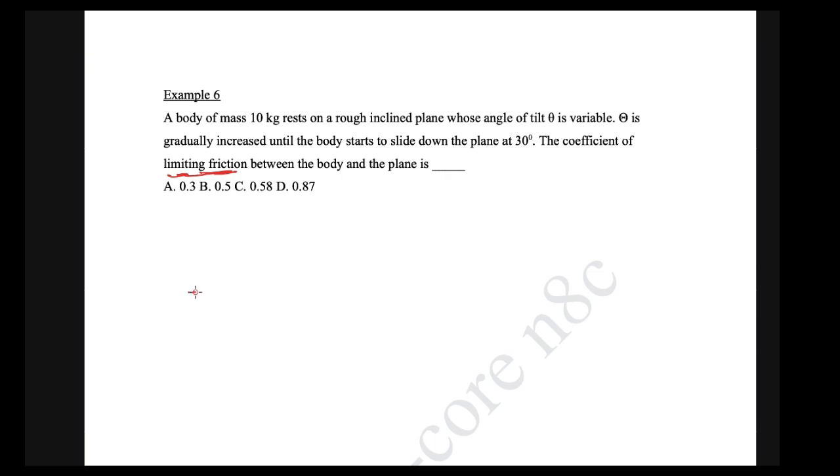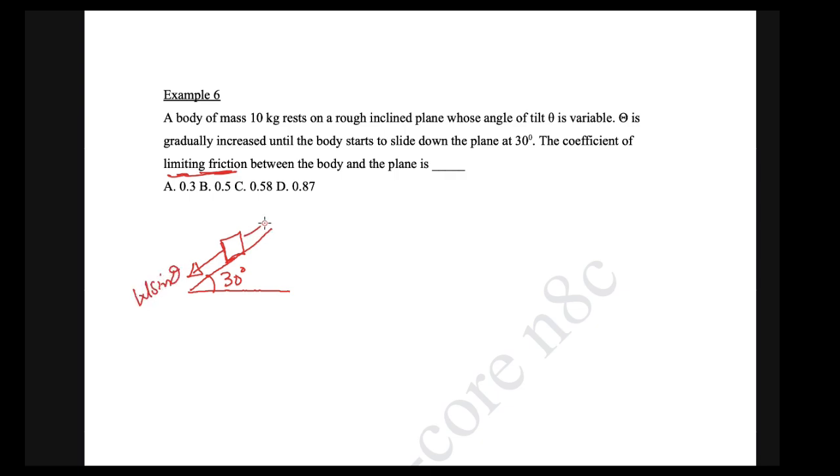So this object is on an inclined plane, and it just starts to slide down when the angle of inclination is 30 degrees. All right. But now we are given the mass of the object. The mass of the object is 10 kg. Now, since it's going to slide down, we've established that the force responsible for making it slide down is W sin theta.